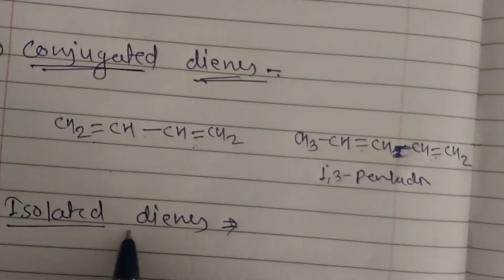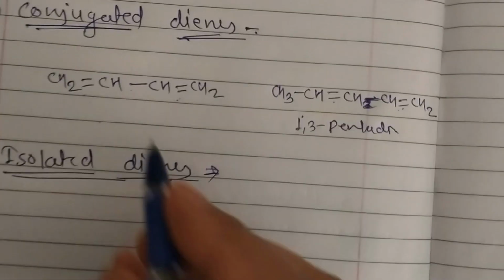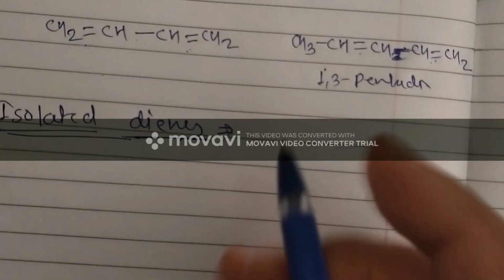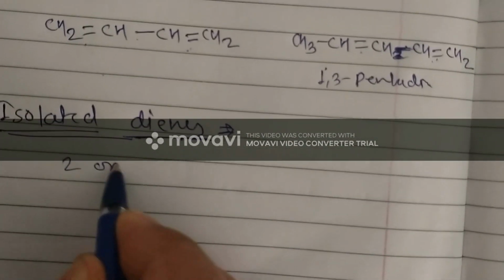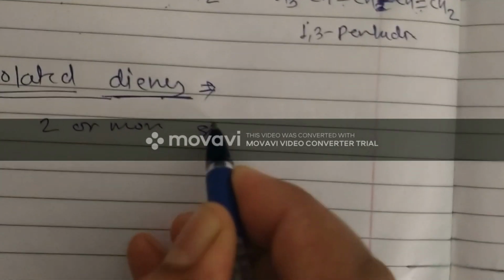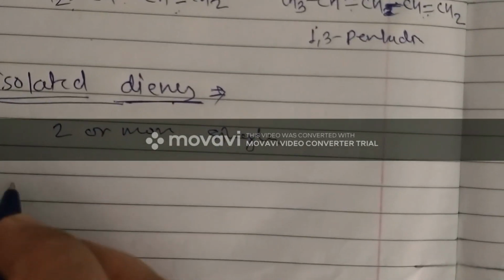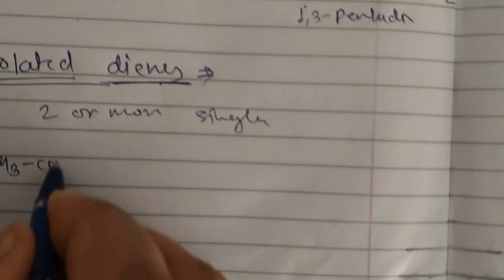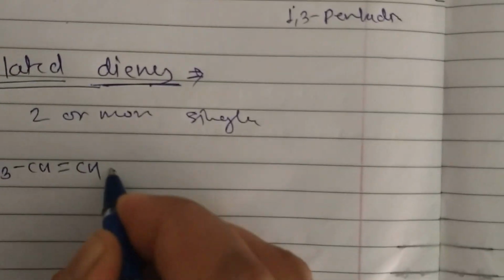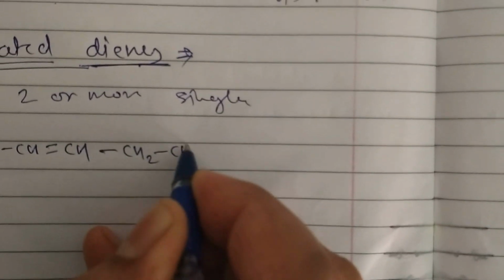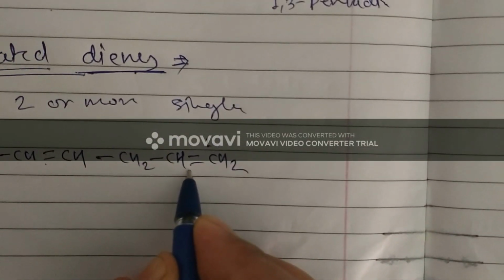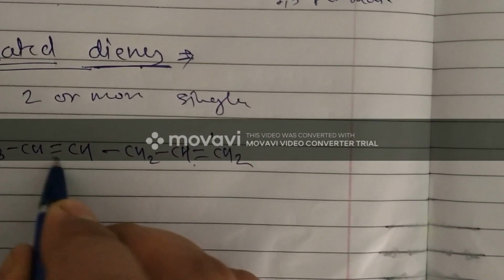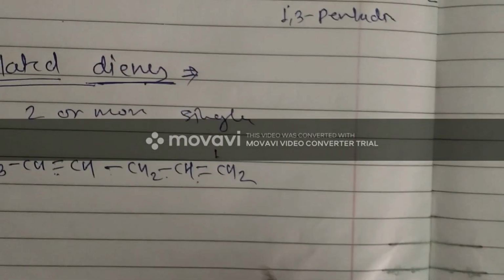Now the next type, isolated dienes. Isolated dienes are the dienes in which the two double bonds are separated by two or more single bonds. For example, CH3-CH=CH-CH2-CH=CH2. This is one double bond, and this is the other double bond, separated by two or more single bonds.